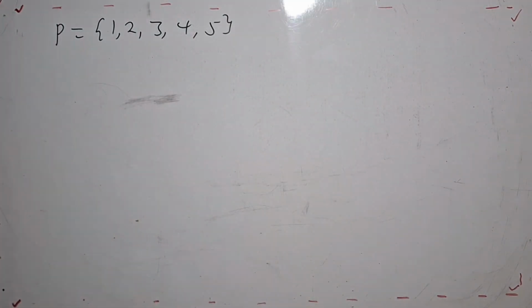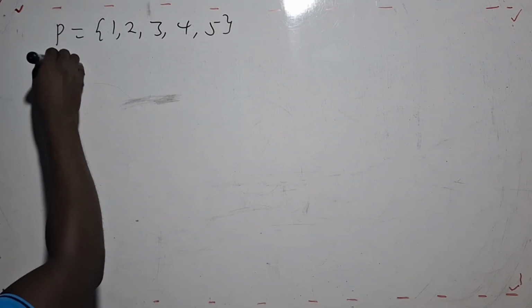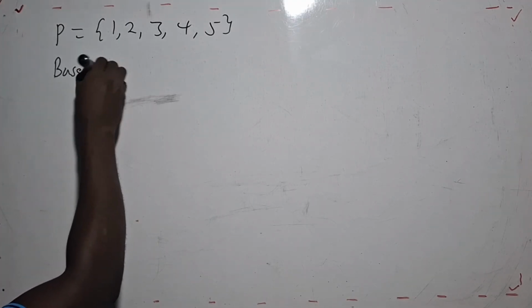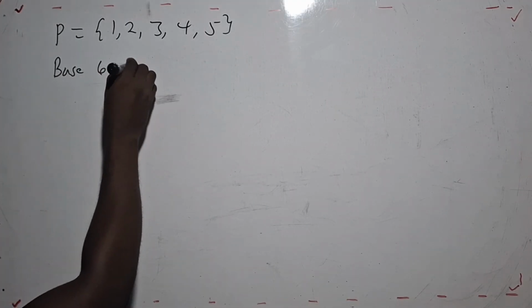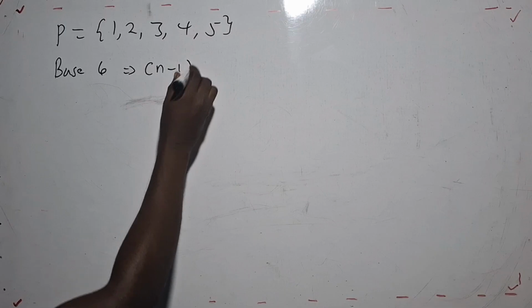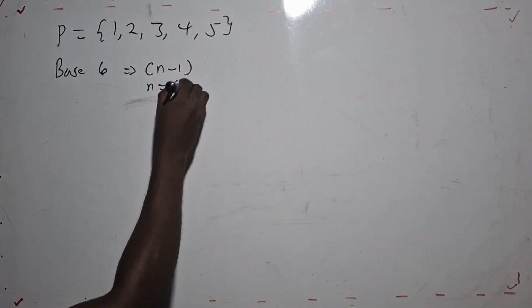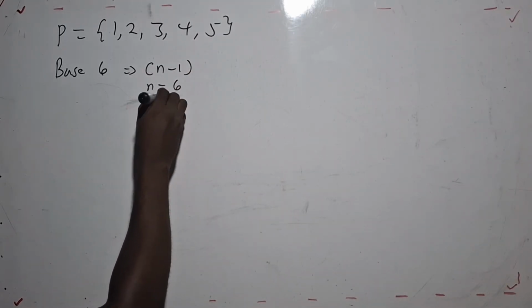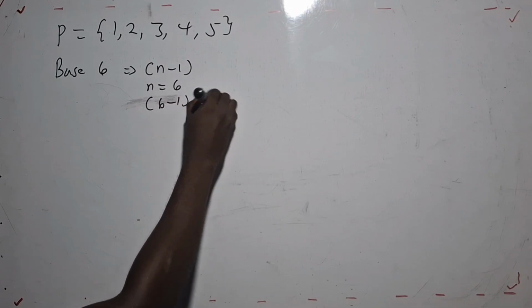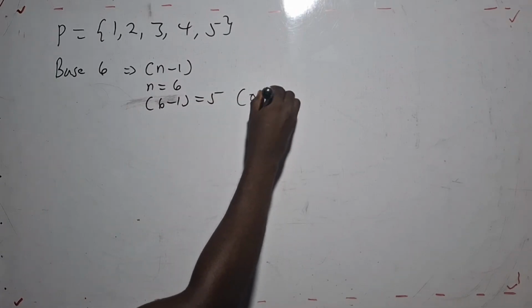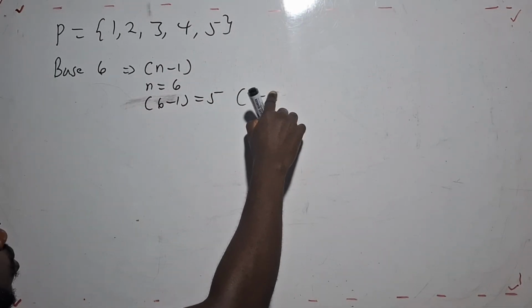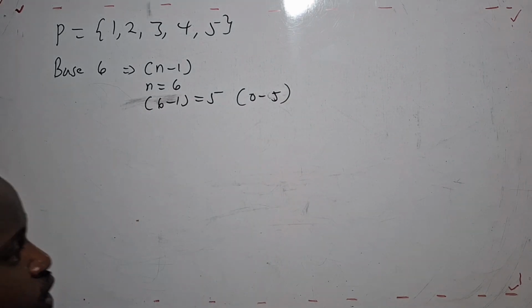Since this one is in base 6, as I said, the formula is n minus 1. So here n is equal to 6, which gives us 6 minus 1, which is 5. So the values to be used are 0 to 5 to draw the table.